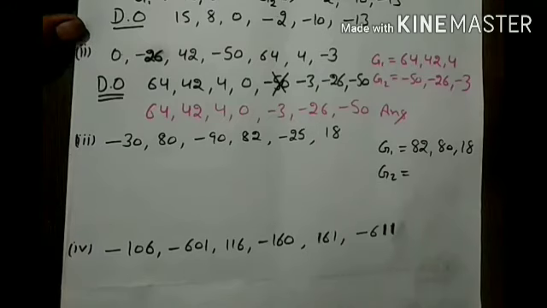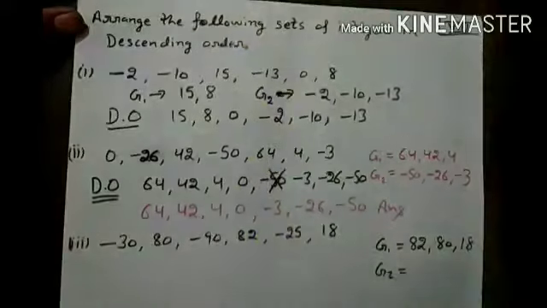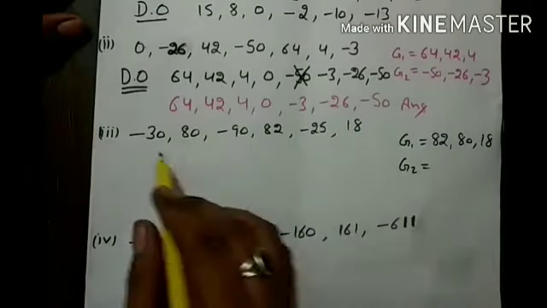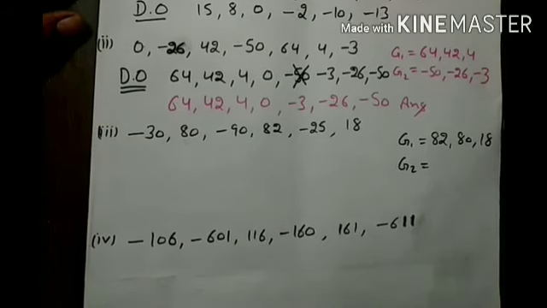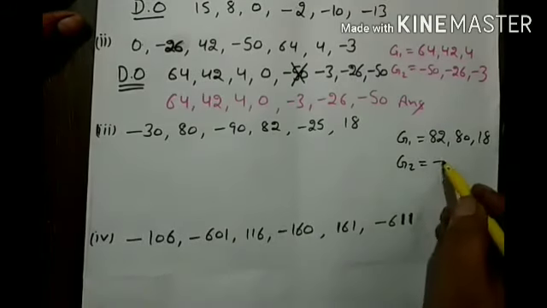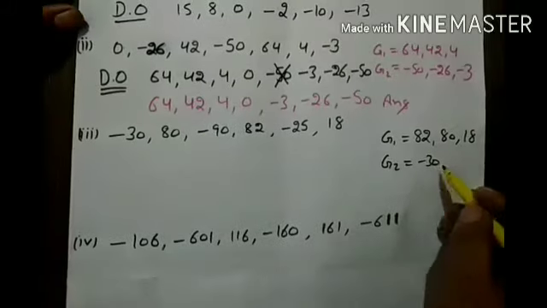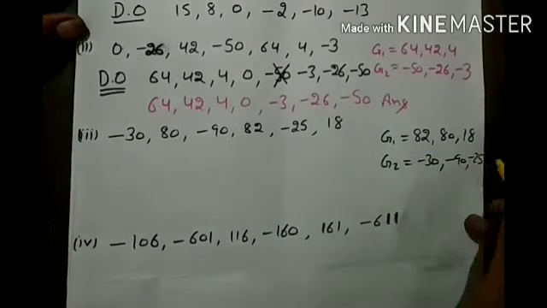It means 0 is not there as in the earlier questions. Now I will write group 2, that will include negative integers: -30, -90 and -25.